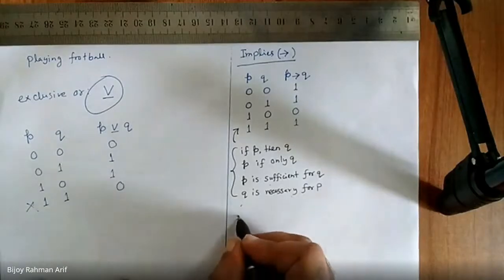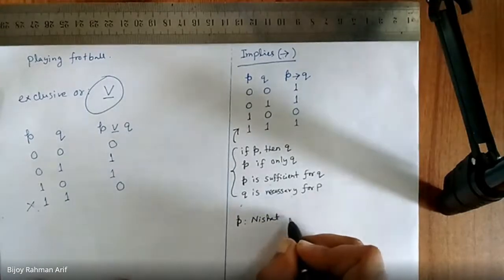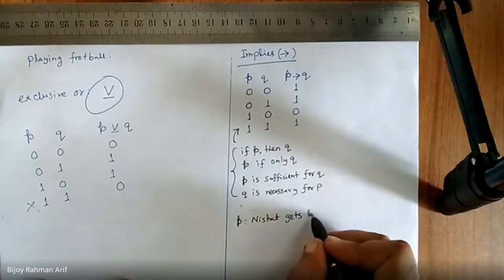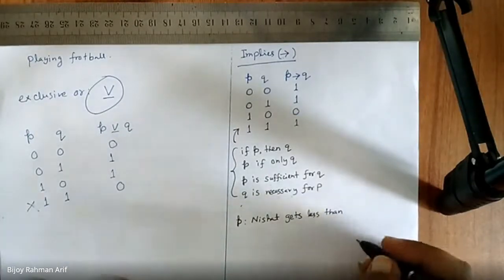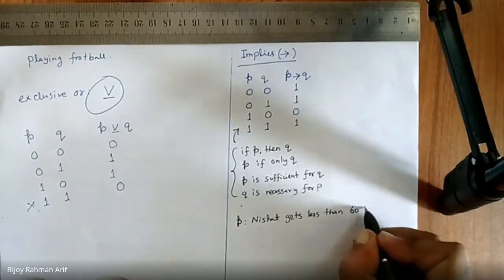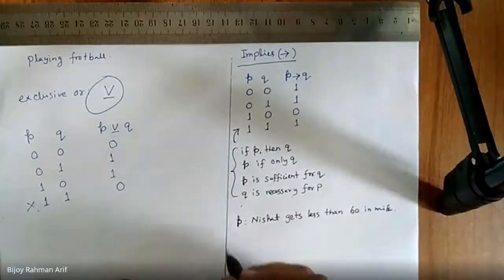Let's assume P is the statement Nishat gets less than 60 in NEET. What is Q?